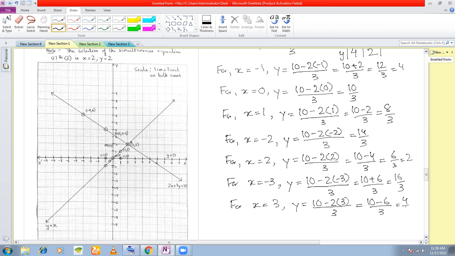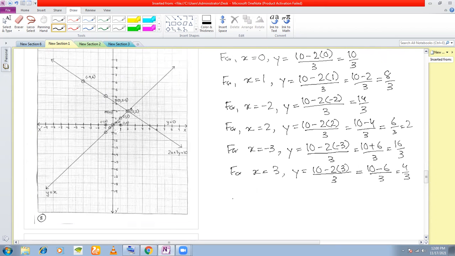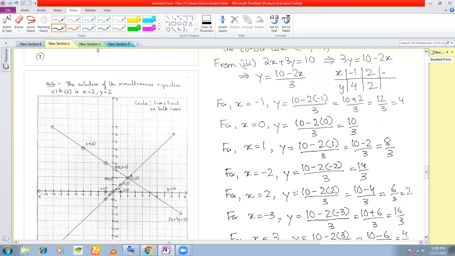Again, a fractional value, right? So let's now try x is equal to -4, because we have already tried -1, -2, -3. 10 minus 2 into -4 divided by 3. So you get 10 plus 8 by 3. 18 by 3 we are getting, which is equal to 6. So again, a convenient value. So for x is equal to -4, you're getting y is equal to 6. We can accept this value.